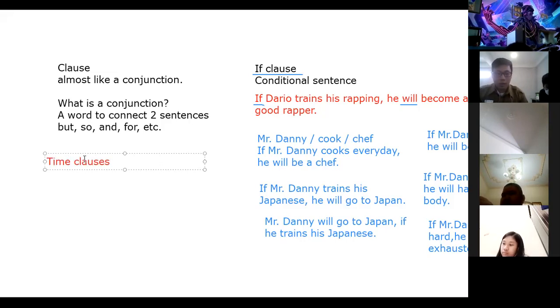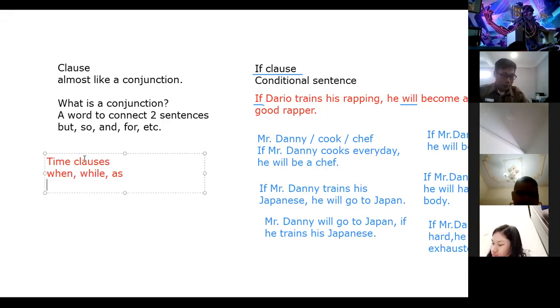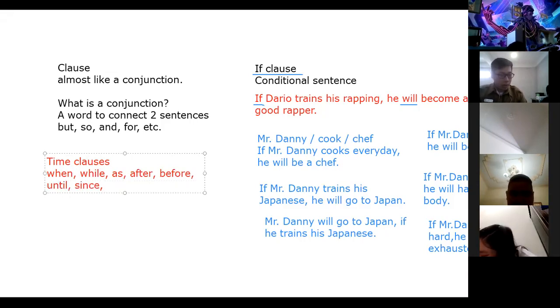Time clauses, like when, while, as. You don't really need to write it down. And then also after, before, until, since, okay? These are several time clauses.